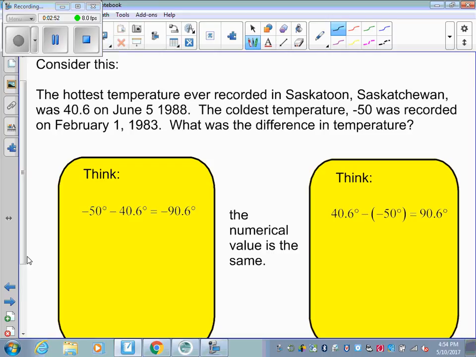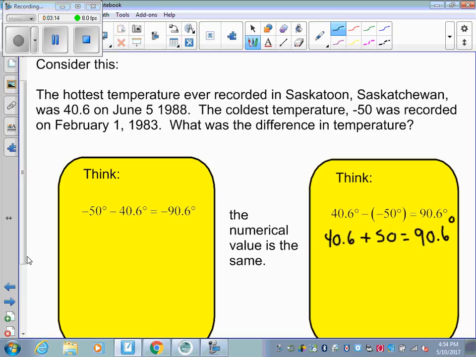If you do it the other way around, 40.6 subtract a negative 50, well, remember keep switch switch, it's like saying 40.6 plus 50, you still get a numerical value of 90.6 degrees. The numerical value is the same. It's just that the negative and positive is different.